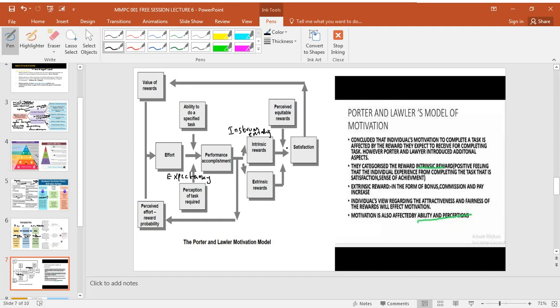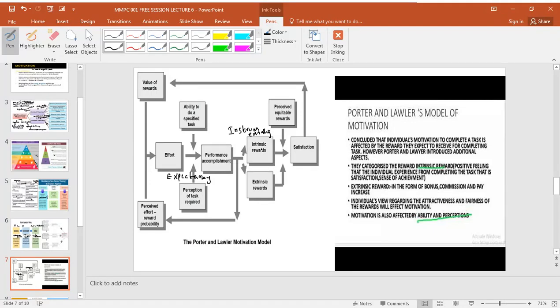Okay, so next is the value of the reward. The intrinsic reward and the extrinsic rewards are there. So both the extrinsic and intrinsic rewards and the perceived equitable reward, all these rewards will give satisfaction to the employees. So this satisfaction depends upon the value of the reward.